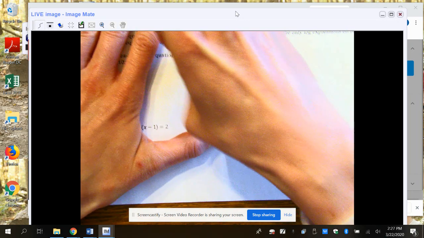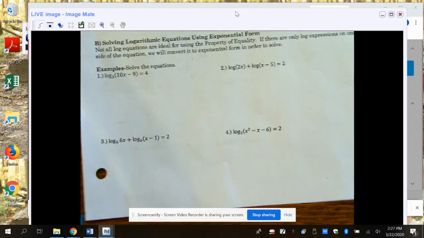So now we're going to do the inverse of that, right? Because logs and exponents are inverses of each other.